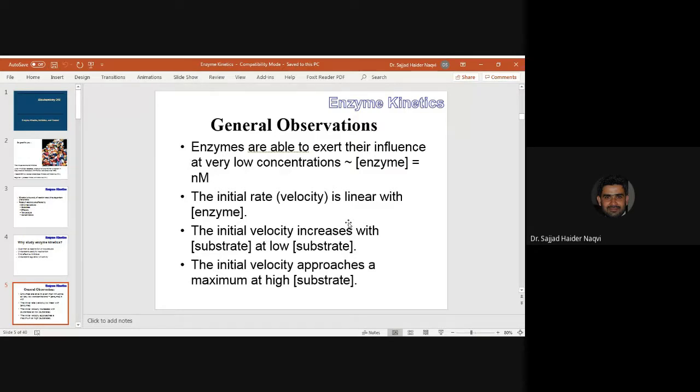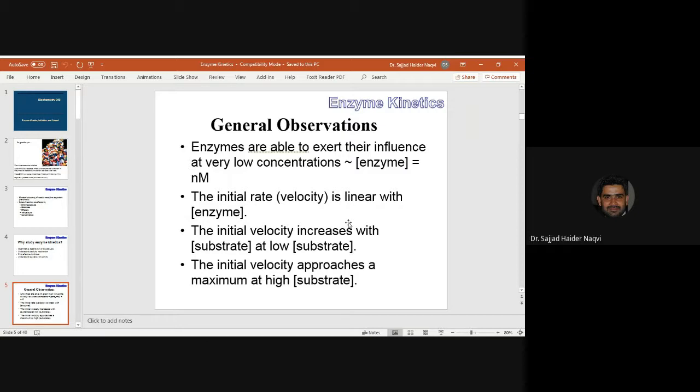So one can say that one enzyme molecule is enough to bring about the catalysis of 15 or 20 molecules of the substrate into their final product. That means the requirement of the enzyme in terms of concentration is low. So very low concentrations of enzymes are generally needed. That's what we say, the enzyme concentration is in the nanomolar range, that means a very small concentration. This is one general observation, and I told you the reason for that.